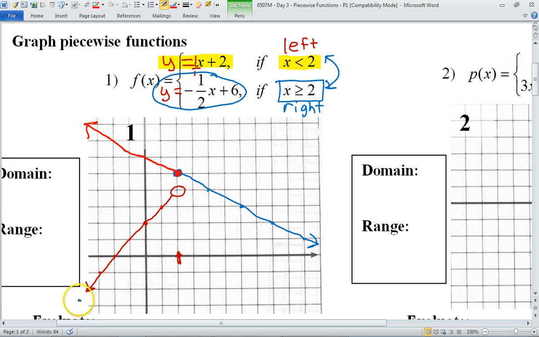I thought the red was the way to go. Why will I immediately know I made a mistake? Because that wouldn't even be a function. Looking at the red stuff over here, this would fail the vertical line test right here. So please make sure any graph you draw, it better pass the vertical line test. So there, I just saved you half the mistakes you make. Anyway, that's how you do it.